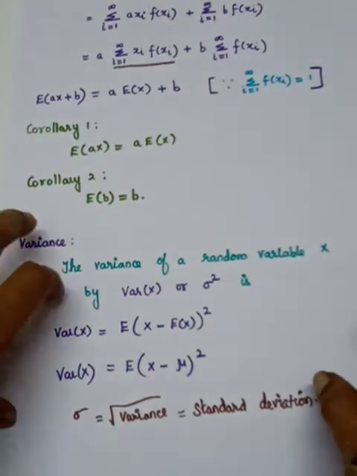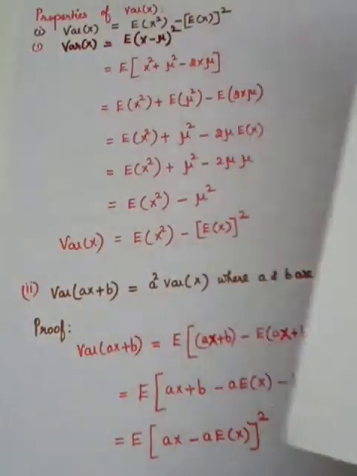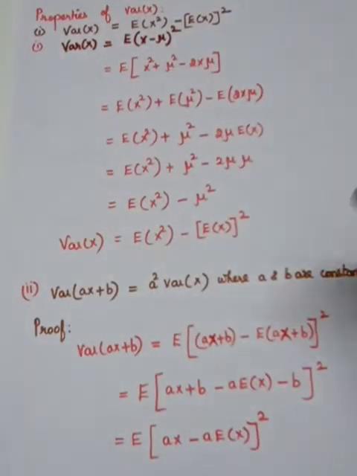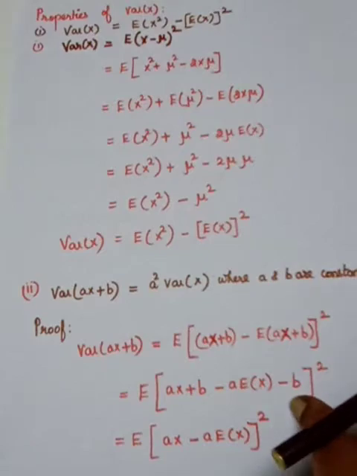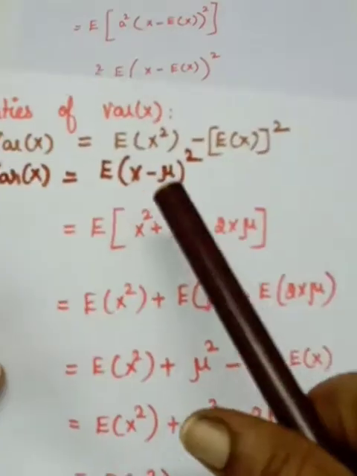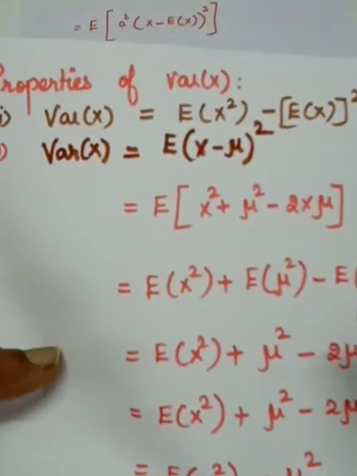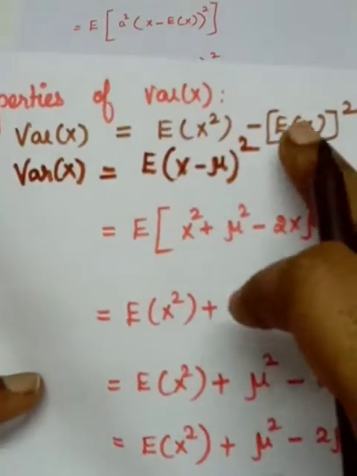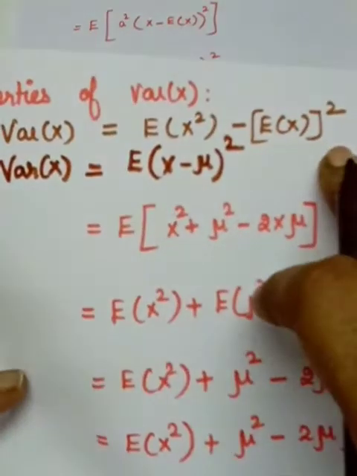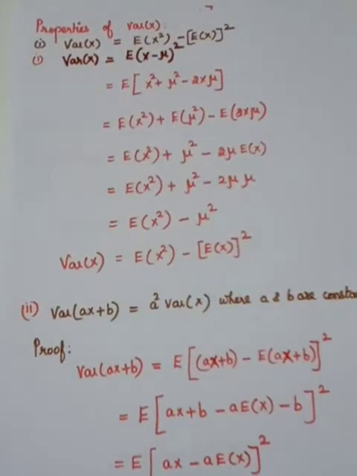Okay. Now we are going to see the properties of the variance. The first one: variance of x is equal to E of x squared minus E of x the whole square. This result only we are going to use in the problems.